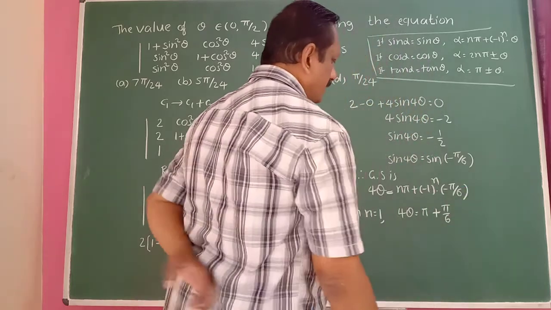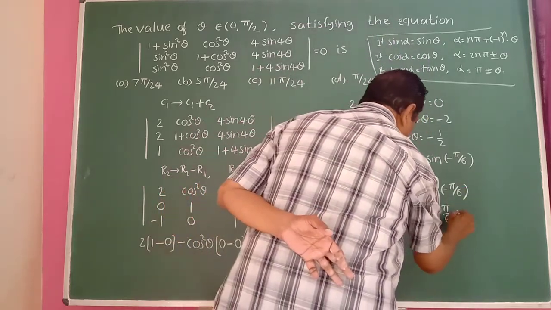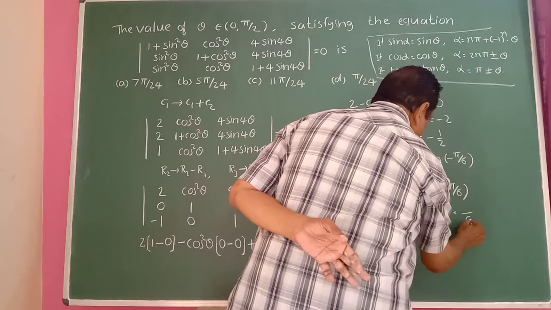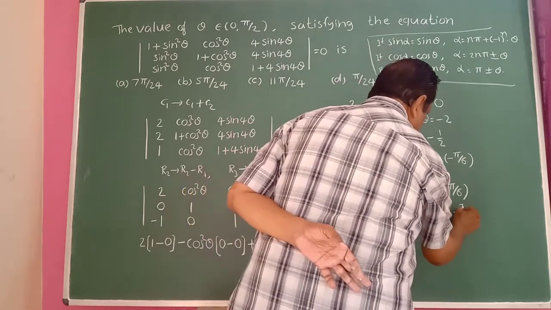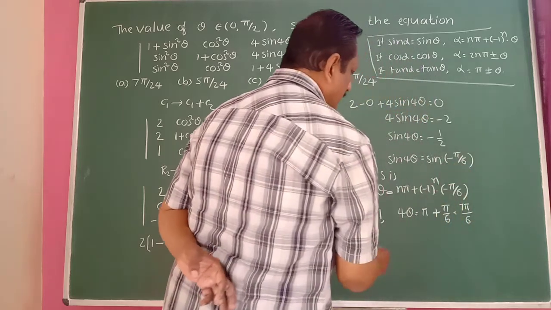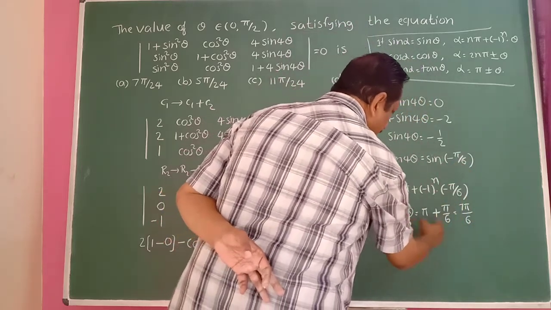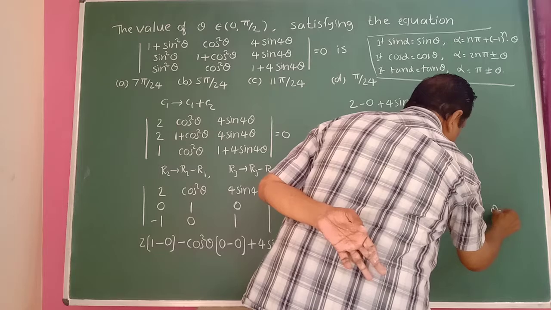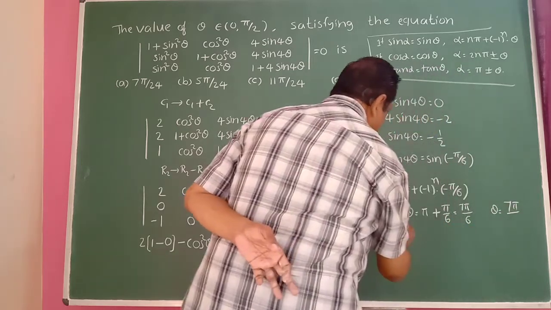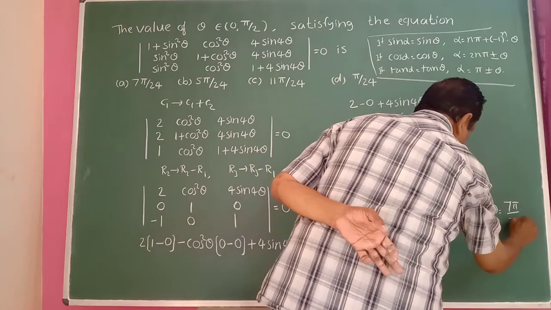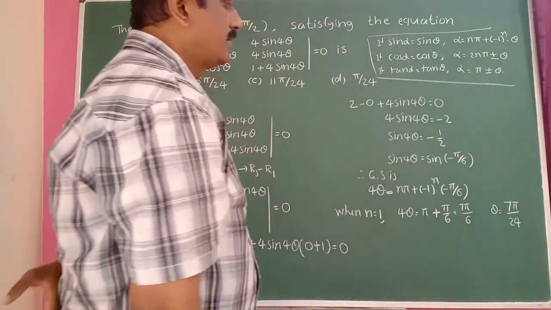Therefore, 6 LCM, 6 pi plus pi gives 7 pi by 6. Take this 4 to right hand side. So therefore, theta is equal to 7 pi divided by 6 4s are 24.